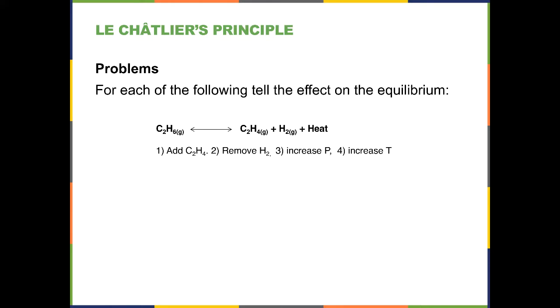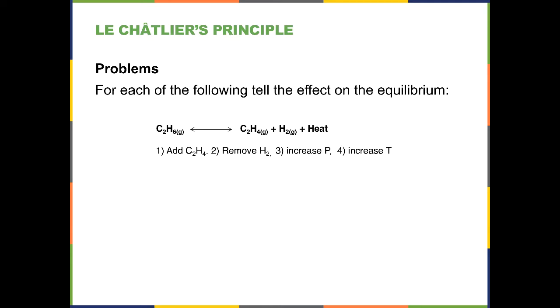Now this next one's a little tricky. In order to look at the effect of pressure, an increase in pressure favors the side of the reaction that has fewer molecules. So in this case, the reactants have 1 molecule and the products have 2 molecules, so when you increase the pressure, it's going to shift it to the left.